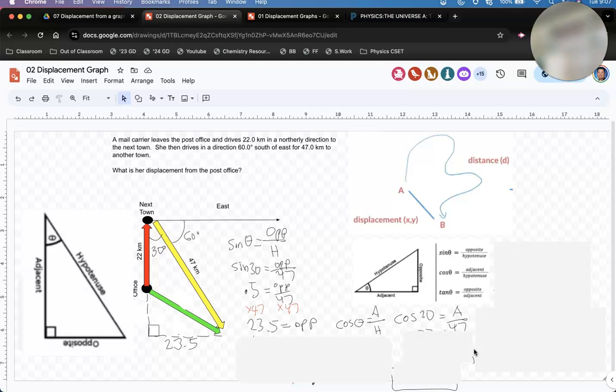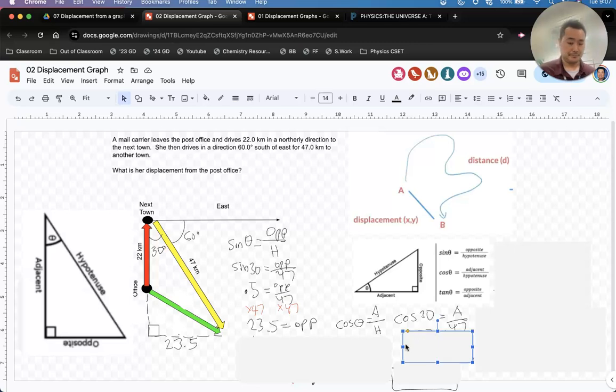Elijah, grab a calculator. Put in cosine 30. Tell me what you get. Okay, and we round up to 0.87 equals adjacent over 47.